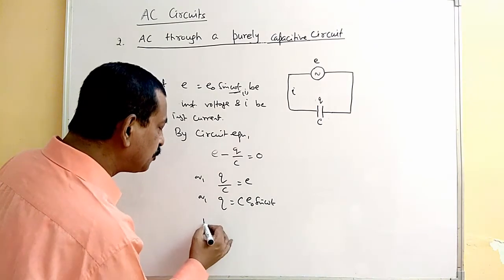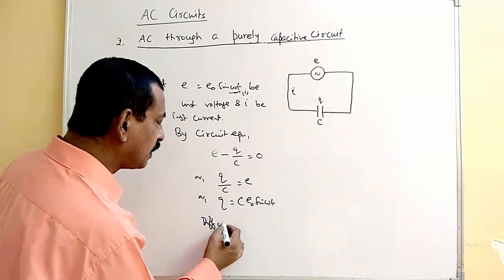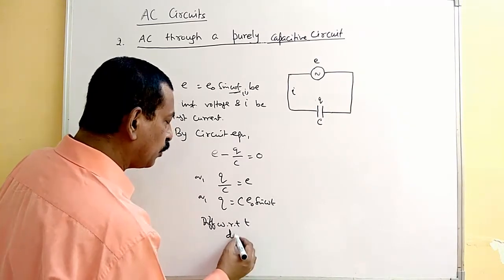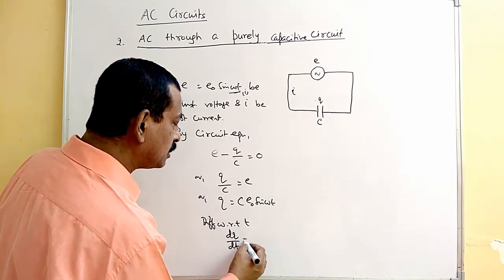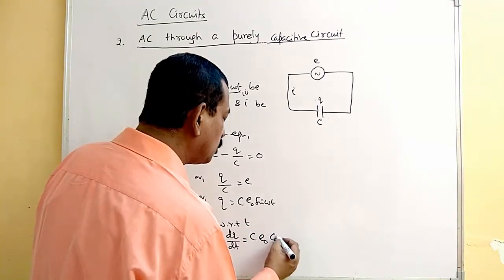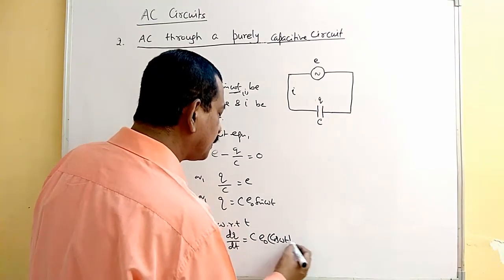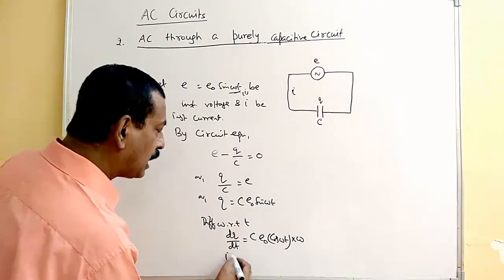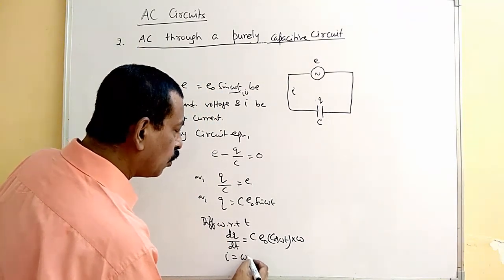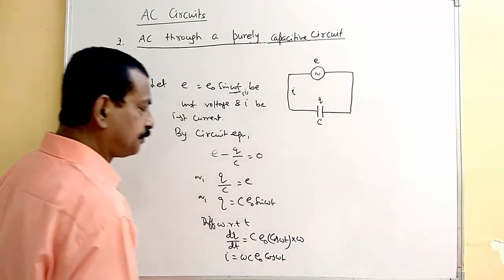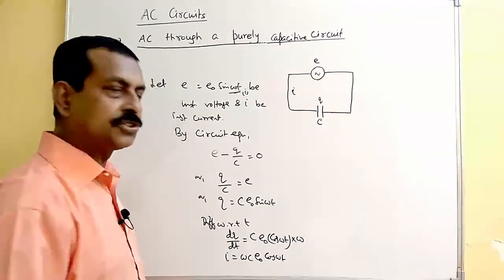Now if you differentiate it with respect to t, we get dq by dt. This is C, E naught, and the differential of sine will be cos omega t into omega. So I equals omega C E naught cos omega t. This is the expression for the instantaneous current.